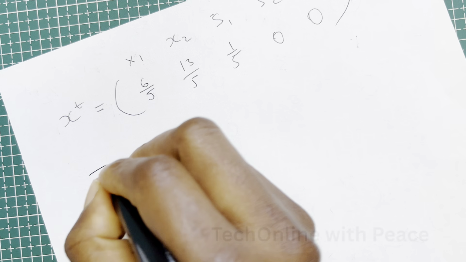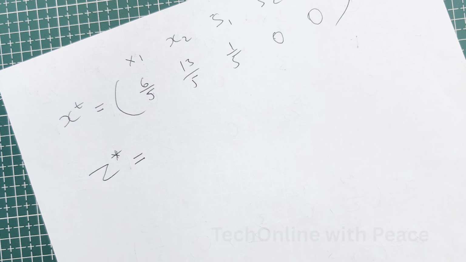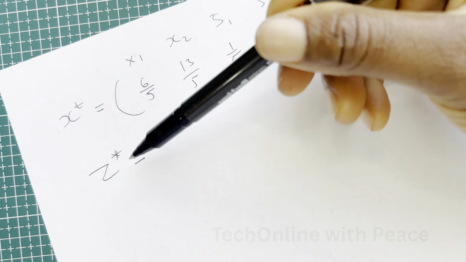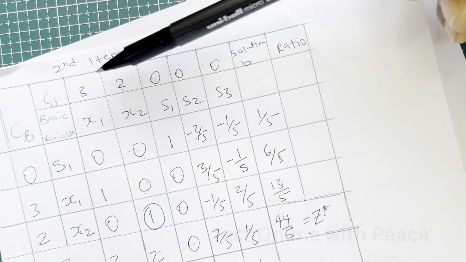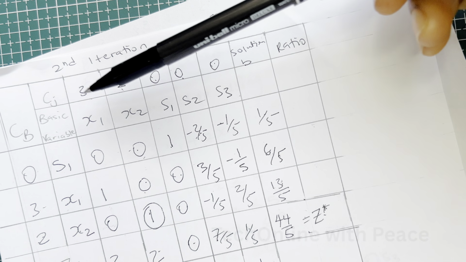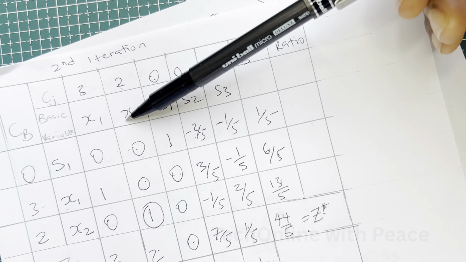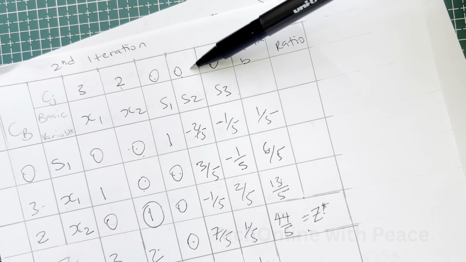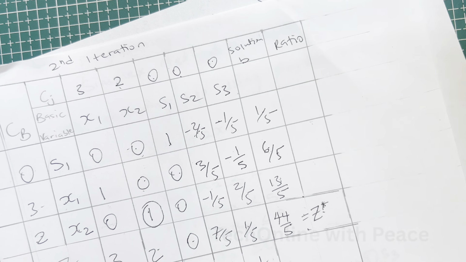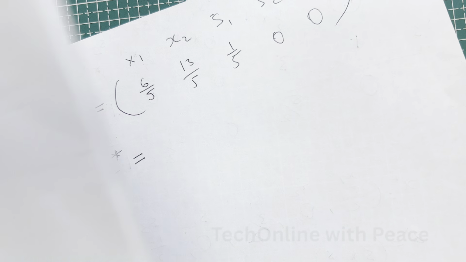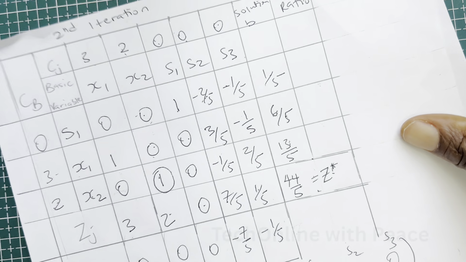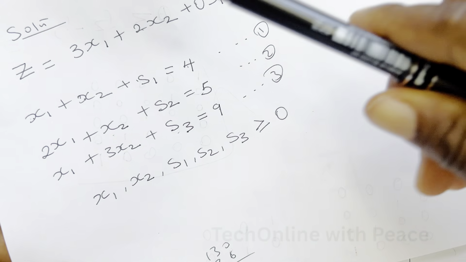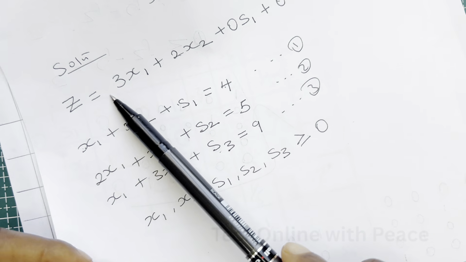So this will help us to calculate the optimal value for z. To find the optimal value, remember from our objective function, we have 3, 2, 0, 0, 0. We have 3x1, 2x2, 0x1, 0x2, and 0x3. So we are going to substitute these numbers into these values, or you can as well use what is given to us, it's still the same thing.